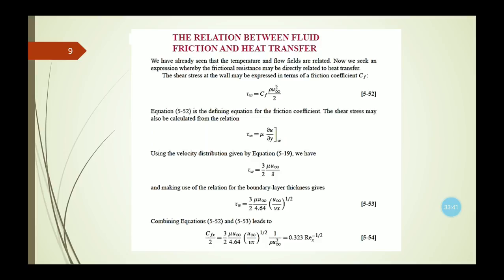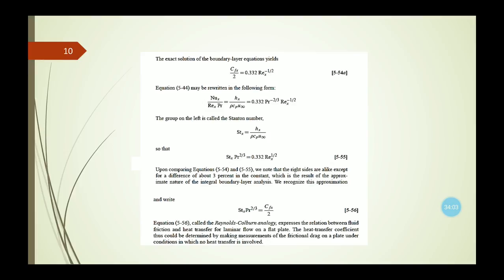This equation can be represented in terms of the Reynolds number also, so this equals 0.323 Reynolds number to the power minus half. Now the exact solution of the boundary layer equation gives us Cfx by 2 equals 0.332 Reynolds number to the power minus half.